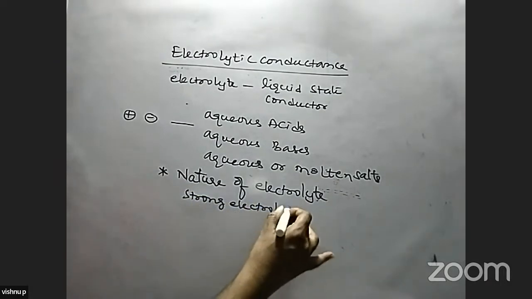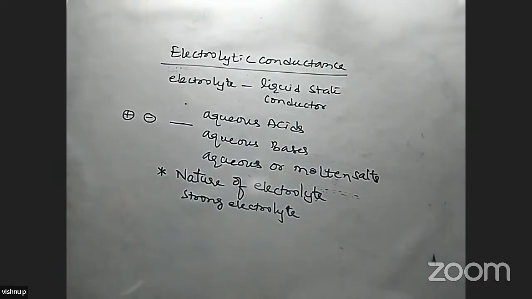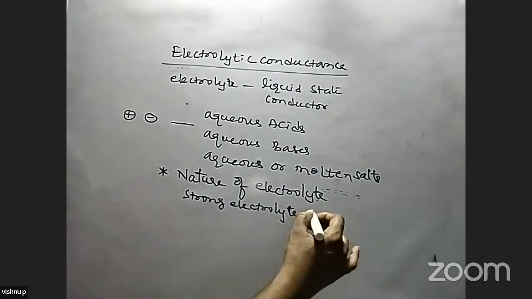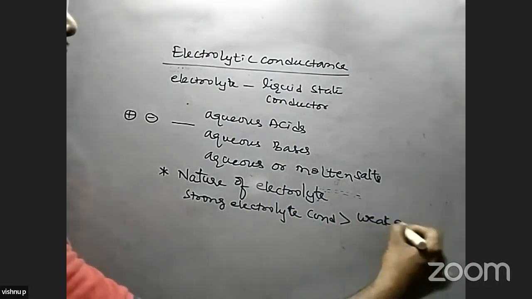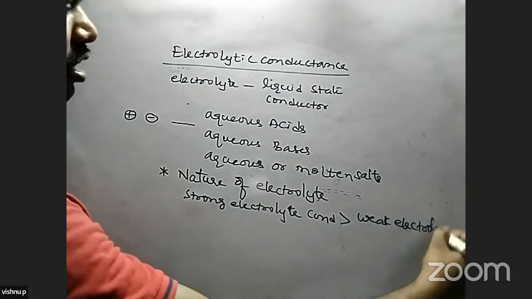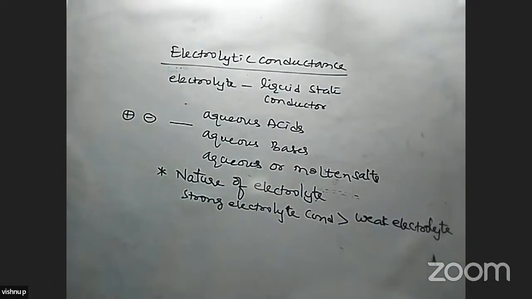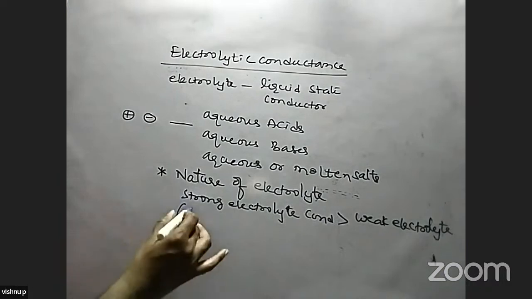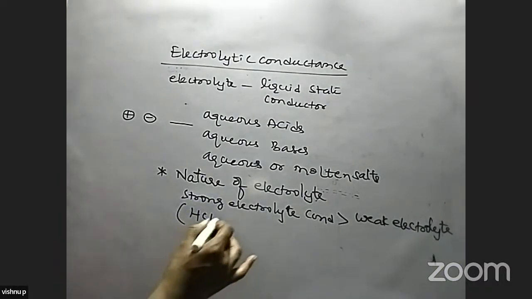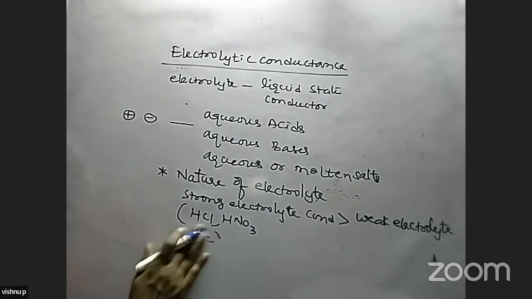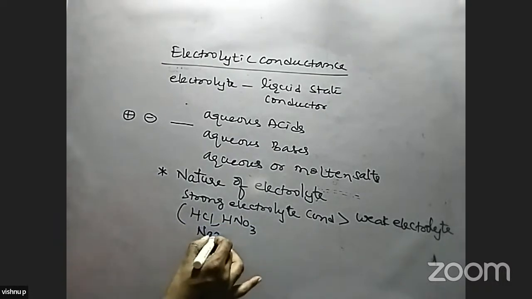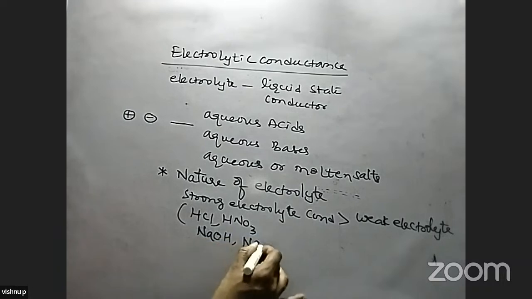A strong electrolyte is easily dissociated into ions, so strong electrolyte conductivity is greater than weak electrolyte. Strong electrolytes are strong acids, strong bases, and salts of strong acids and bases.